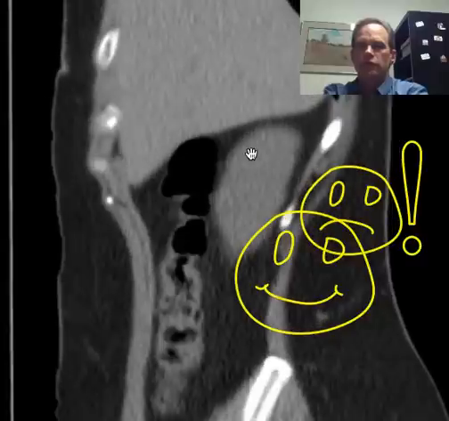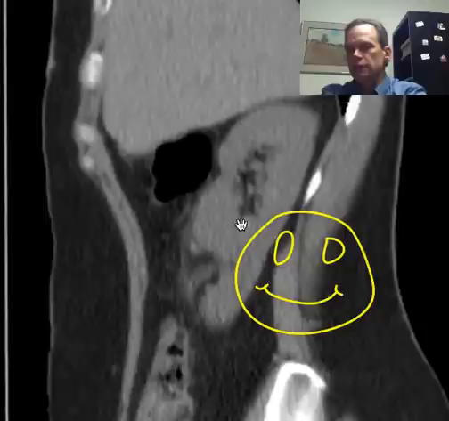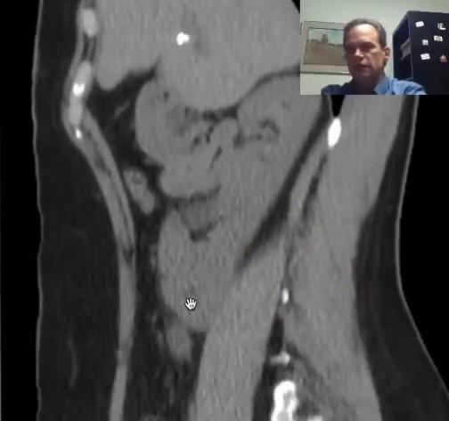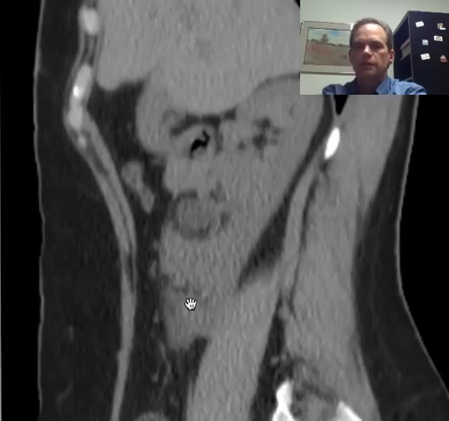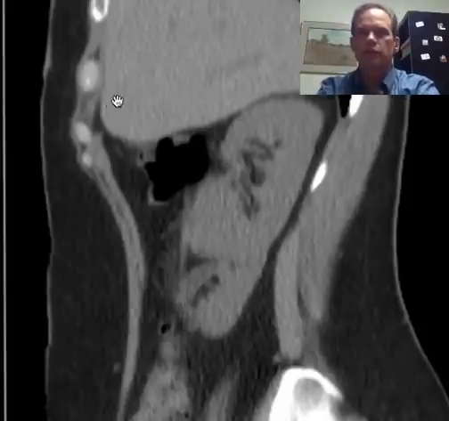And so we have the would-be native right kidney and the should-be left kidney here on the right. And this is a very nice example of crossed fused renal ectopia.